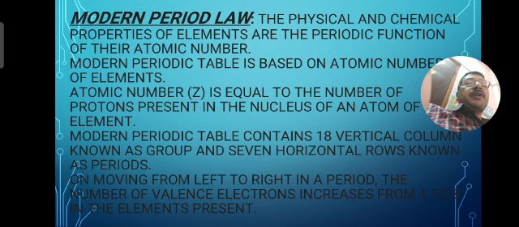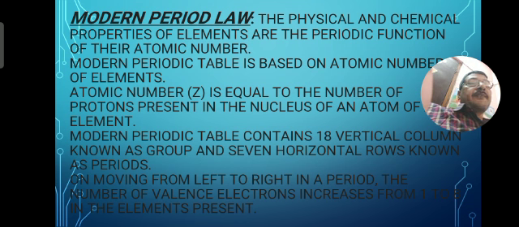When we arrange the elements in the increasing order of atomic number, the atomic number is increasing by 1, or we can say they are the periodic function of their atomic number. There is a repetition of the same kind of properties of the elements after a certain interval.